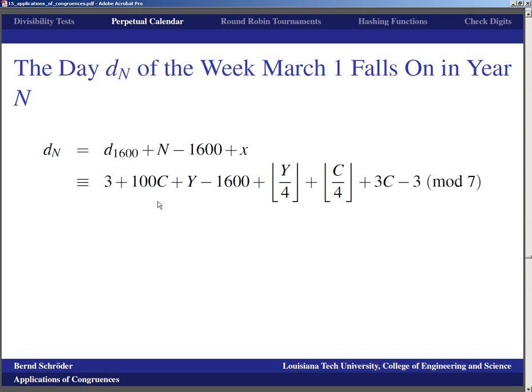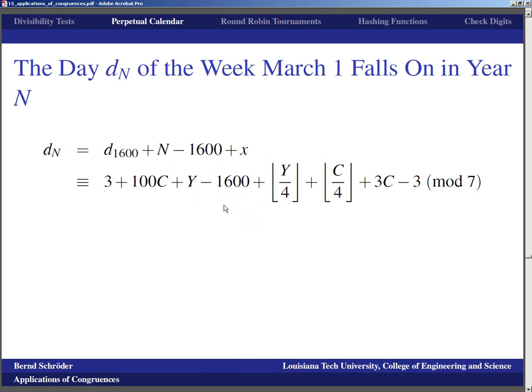And so that would be that the March 1st was the third day of the week if you start counting with Monday, so D1600 is 3. N is 100c plus y, so that works out too, minus 1600 stays, and x is the formula that we had from the previous panel.